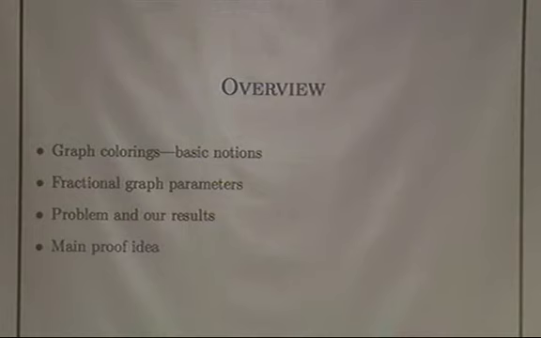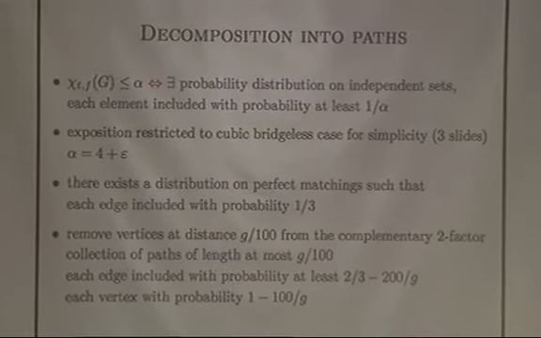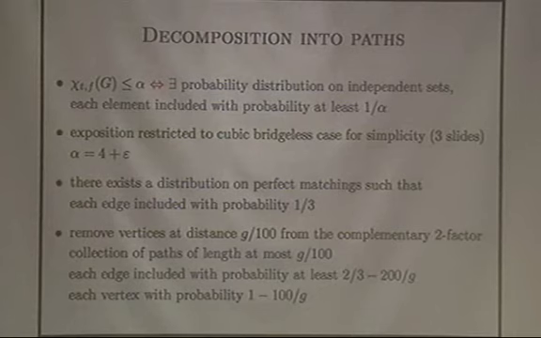The proof is probabilistic, and it's based on the following observation: proving that the total fractional chromatic number is at most some alpha is the same as describing a probability distribution on total independent sets such that each element is included in a chosen set with probability at least 1 over alpha.